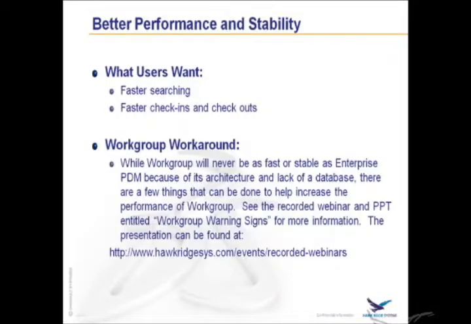So what you see, especially as you start to add more and more documents to the vault, is that it's going to slow down. Your performance is going to get gradually worse over time the more things that you place into the vault. Now, this affects users most often in the areas of searching for documents and checking in and checking out documents. That's where we get the most reports of slowness from the users.